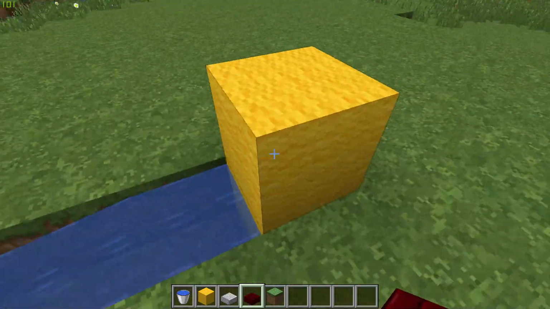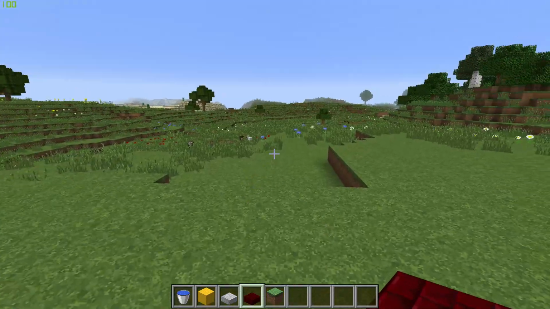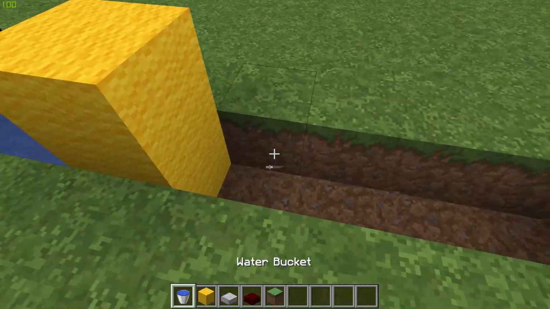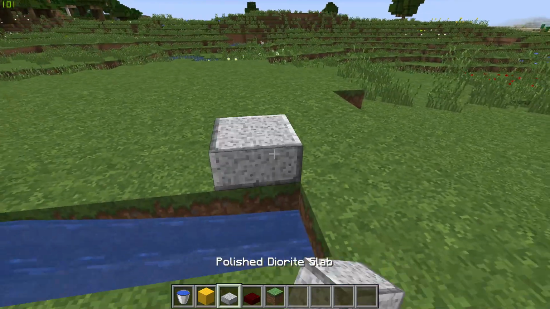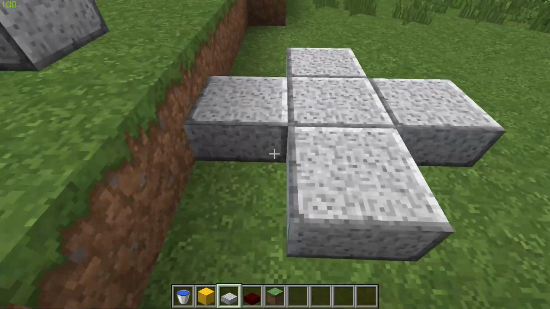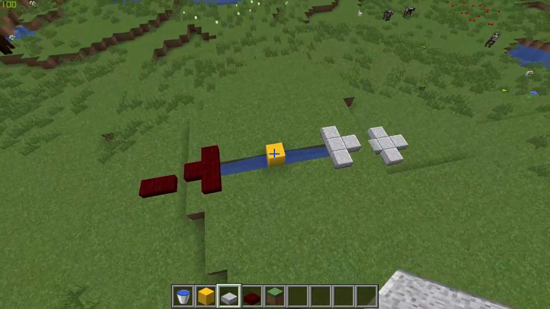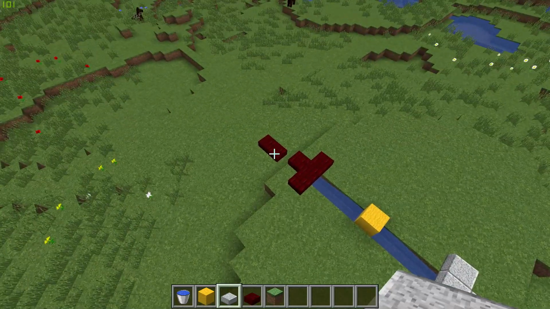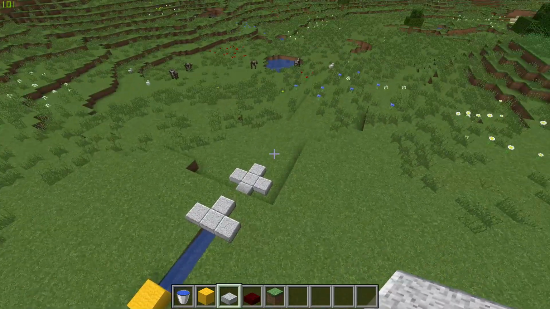But if I want to go toward the positive side, which means this way, I'm going to dig that way, place some water, place a different color and say that it's positive. So now we have a point that is 0, 0, 0. We have a negative vector going to the left, and we have a positive vector going to the right.